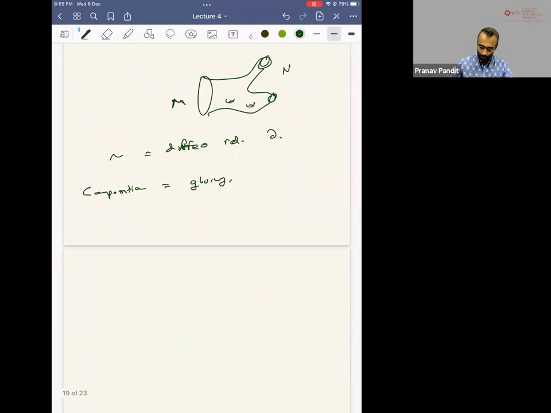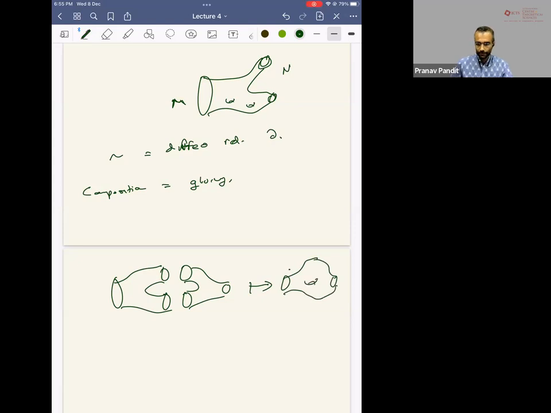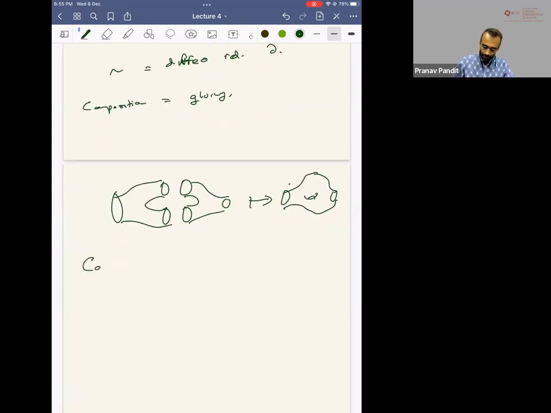So for example, you could glue this with this, you compose them, and this goes to this picture. That's composition. Okay, so Cob_n in fact has a symmetric monoidal structure.